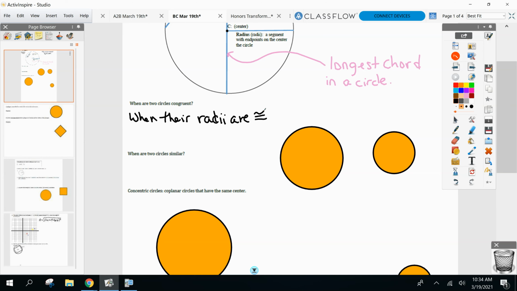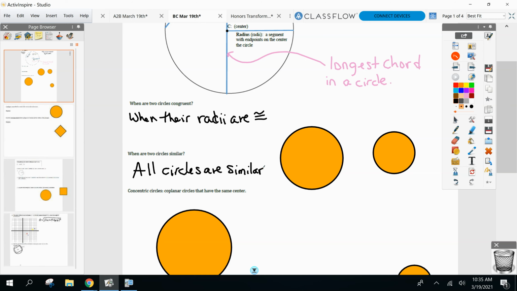Do you think two circles can be similar? Are they always similar? Yes, all circles are similar. And the reason why?